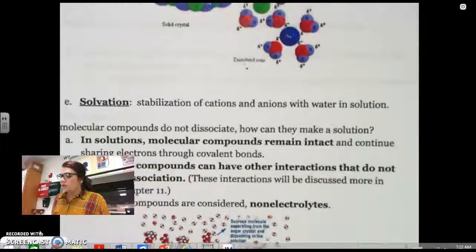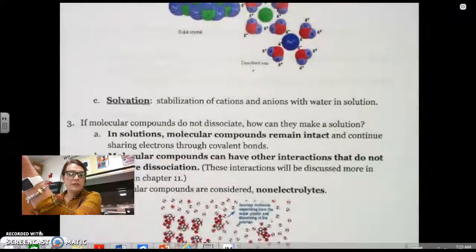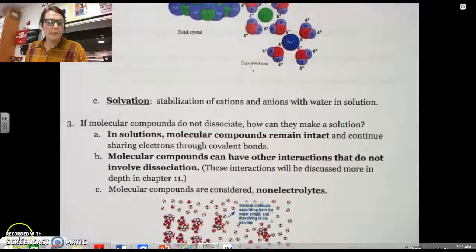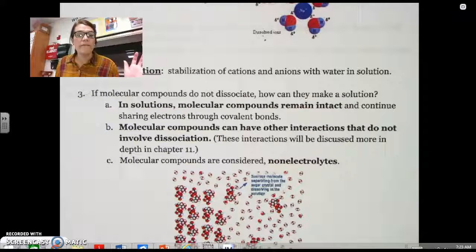Third point. So far we've talked about what it looks like when ionic compounds dissolve. Now we need to talk about molecular compounds and why they don't form electrolytes. They're considered non-electrolytes. So if molecular compounds don't dissociate, like they don't break apart like our cations and our anions, how can they actually make a solution?